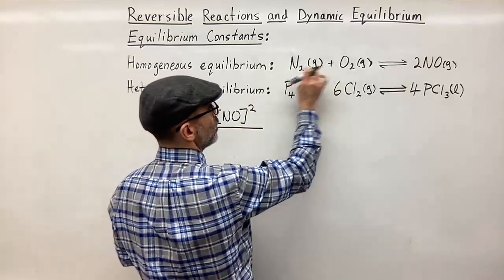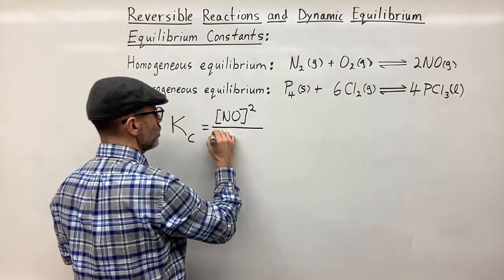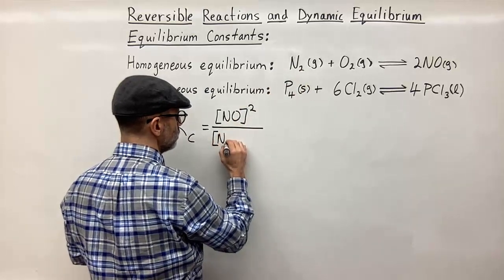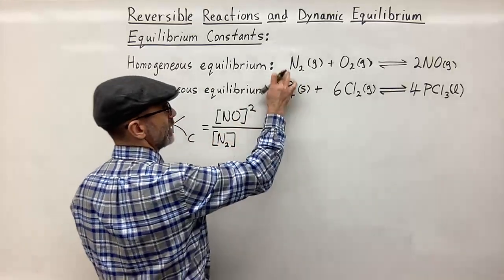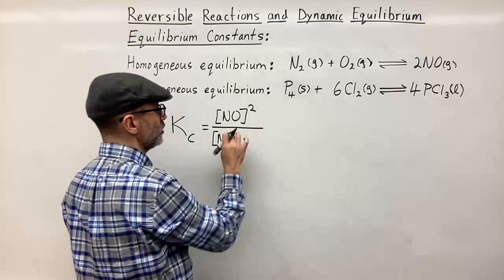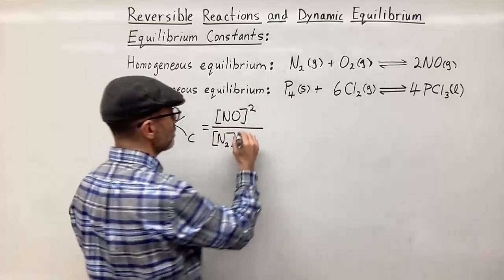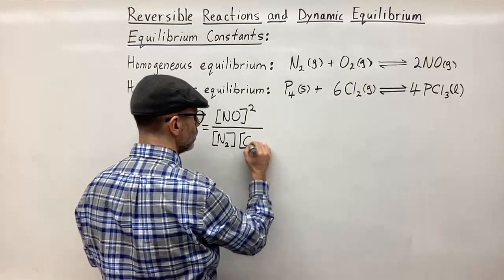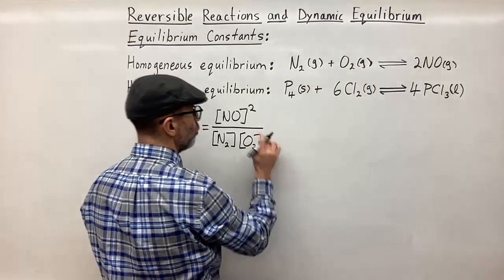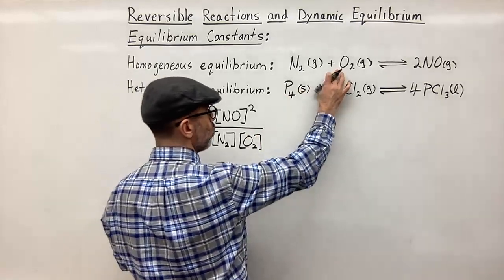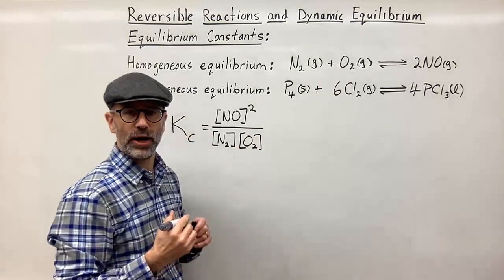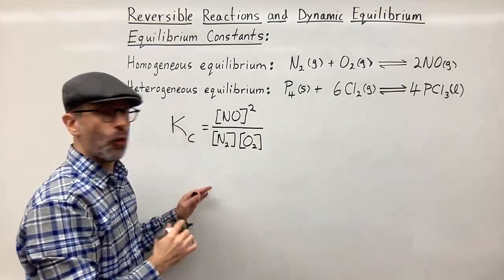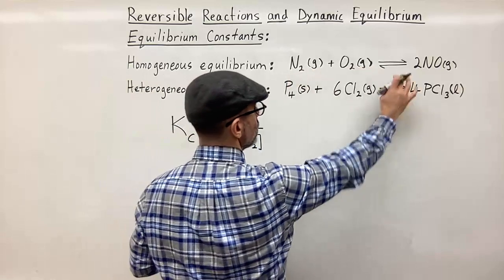And then for the bottom, I have 2 reactants, so it's going to be N2. And since N2 has the coefficient of 1, it's just a 1 up here. We don't write the 1s. And then multiplied by the concentration of O2 raised to its coefficient, but the coefficient is 1, so there's no 1 there. We don't write 1s. And so this would be the K expression for this homogeneous equilibrium.